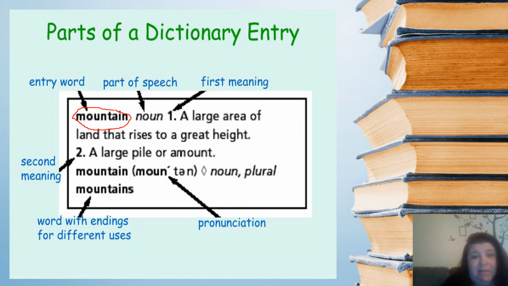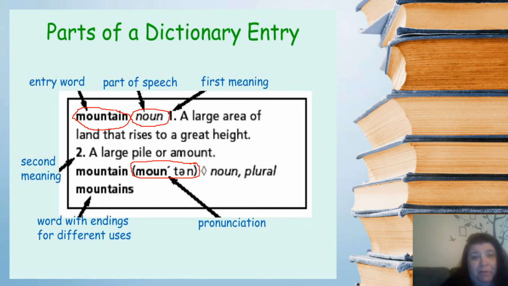The second thing we see listed is the part of speech. We see that it's a noun. A lot of times at that part of the listing, you're going to see the pronunciation guide. This particular entry has it at the bottom, but many times it's found up here at the top.